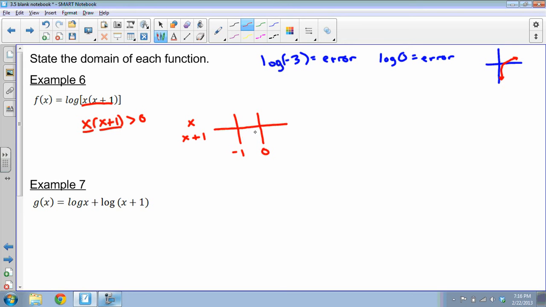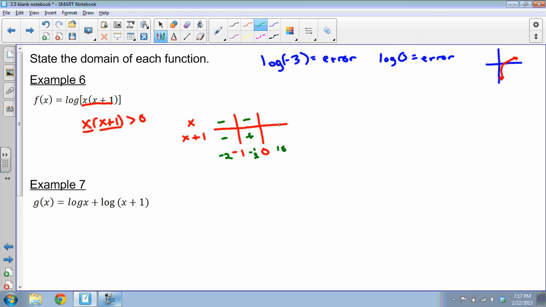And what we do is plug in a number like negative 2. If I plug in negative 2 for x, I get a negative. If I plug in negative 2 into x plus 1, negative 2 plus 1, I get a negative. Then we plug in something in between negative 1 and 0, like negative 1/2. If I plug that into x, I get a negative. If I plug it into x plus 1, I get a positive. Then I plug in some number over here, any number really.